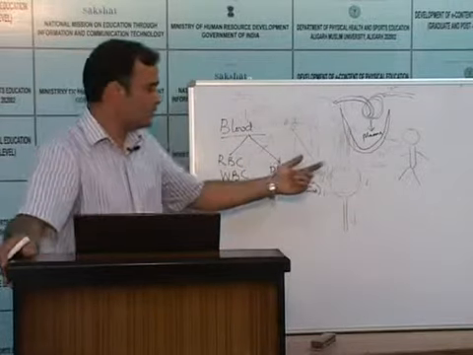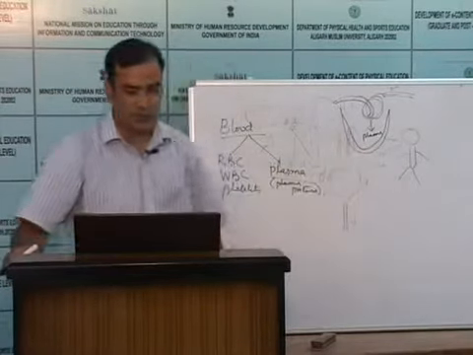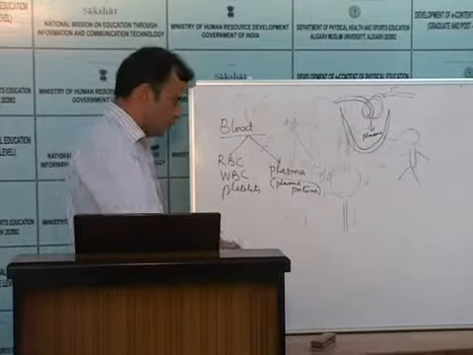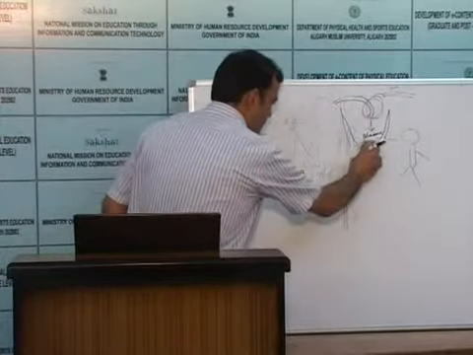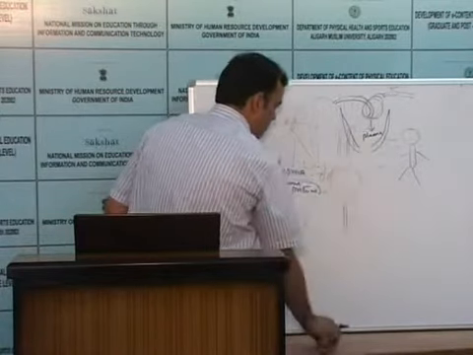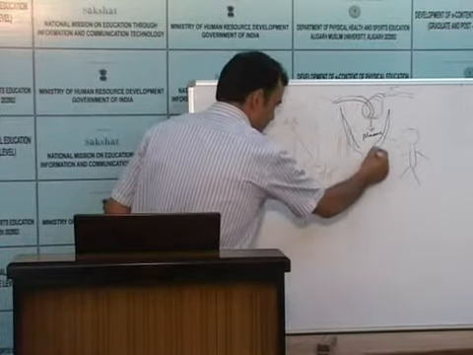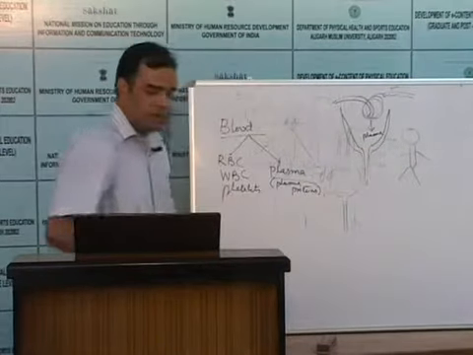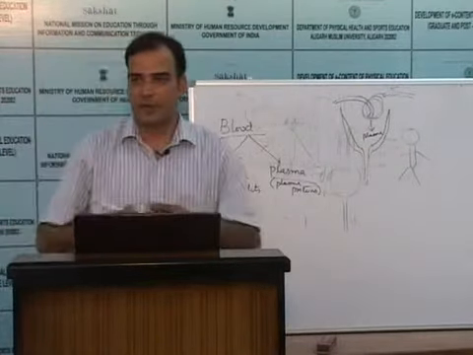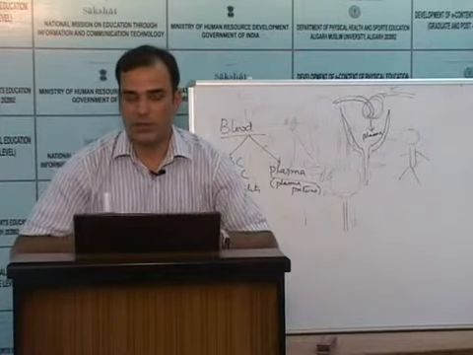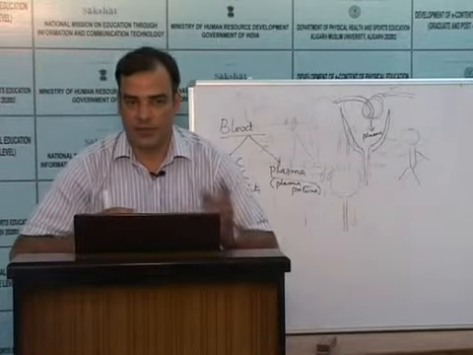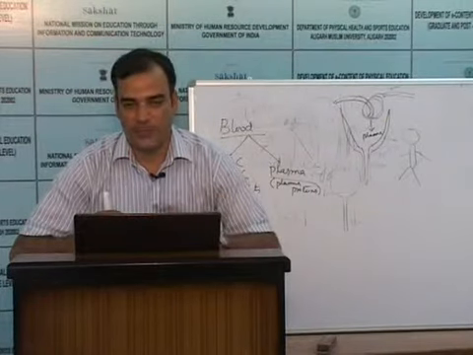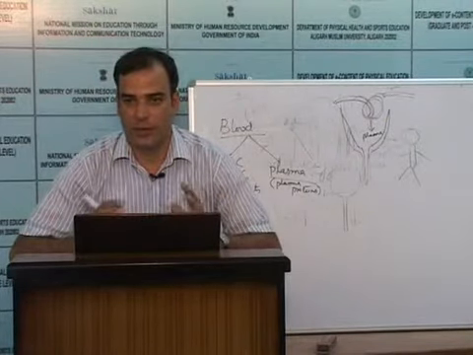So what is collected here in this Bowman's capsule is a combination of wanted and unwanted substances, or essential or waste products. So this is the first step of urine formation, where blood goes into the glomerulus, where except for the cells and plasma protein, the rest of the whole of blood is filtered into the Bowman's capsule.